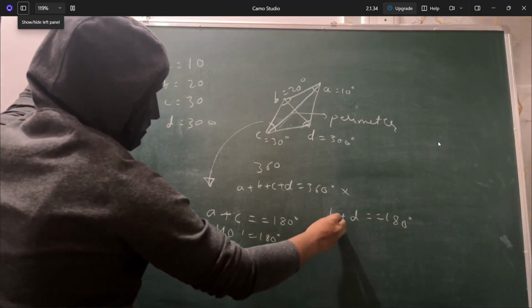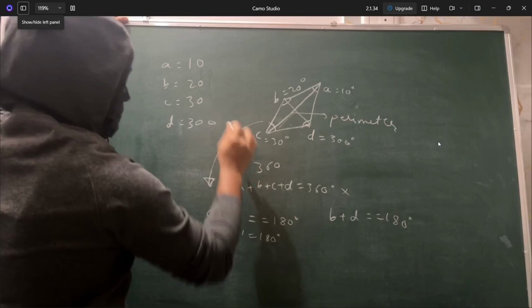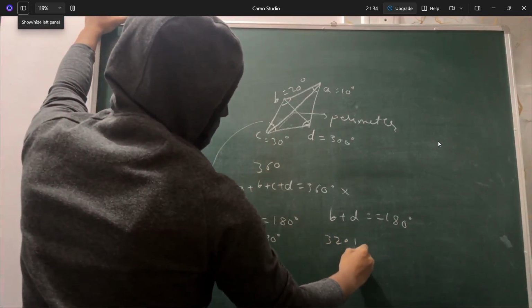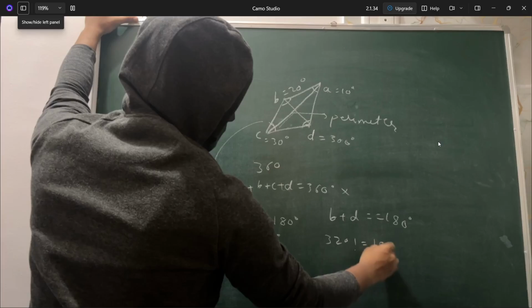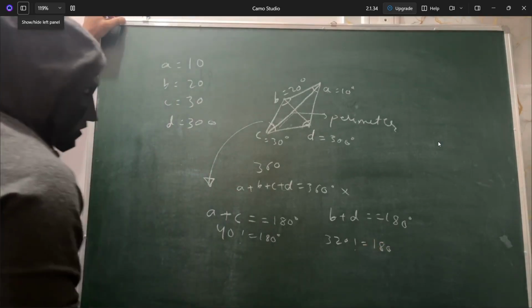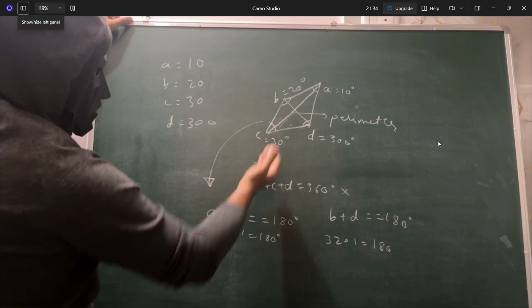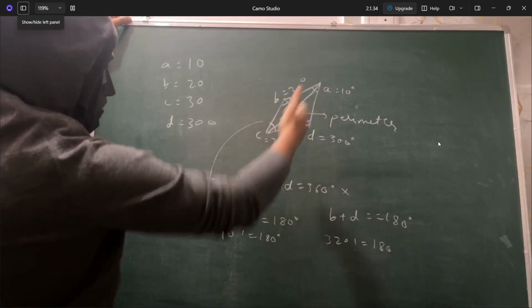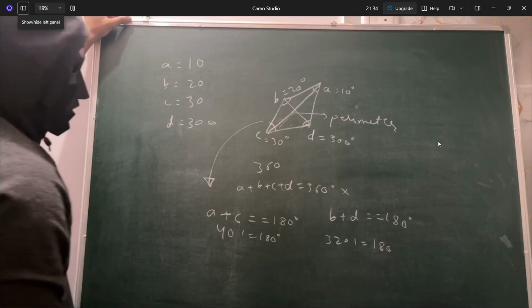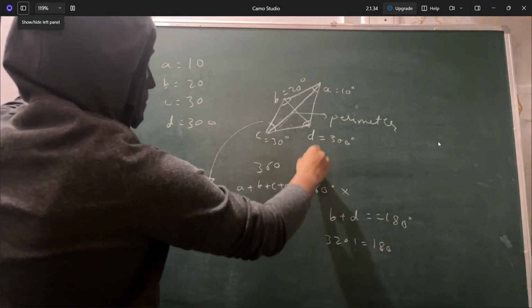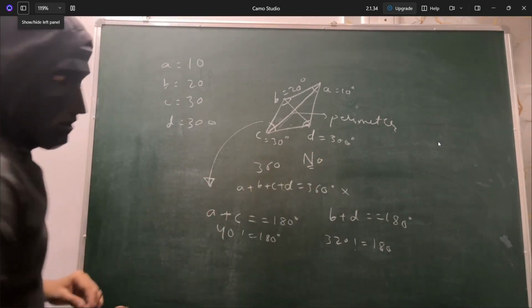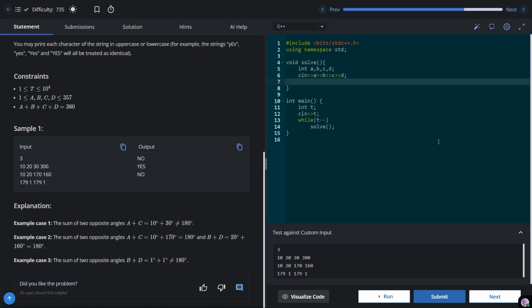We can cross-check with this also: b plus d is 320, which is not equal to 180. So even if one of the opposite pairs doesn't sum to 180 degrees, you'll have to say no, which is given here as no.